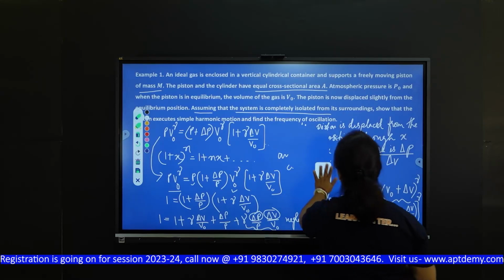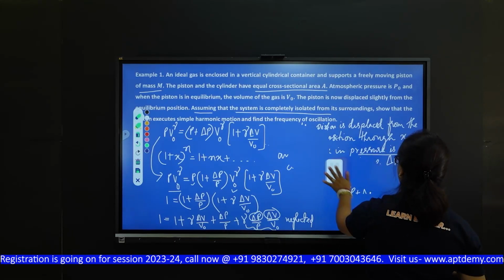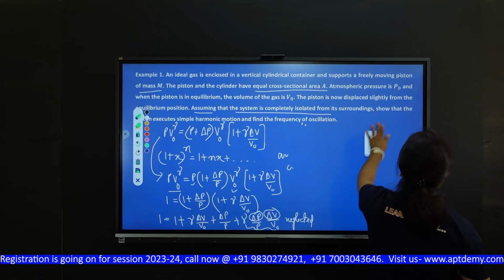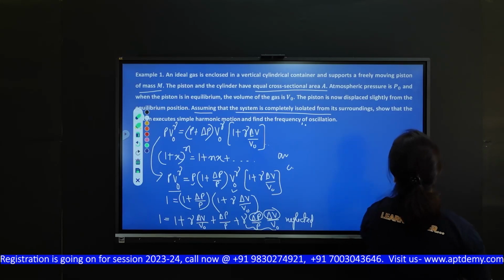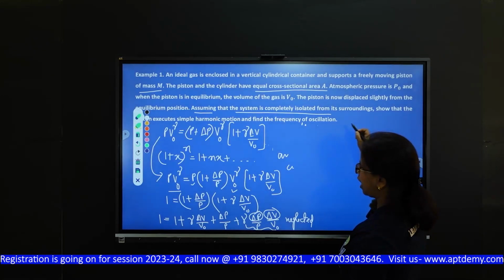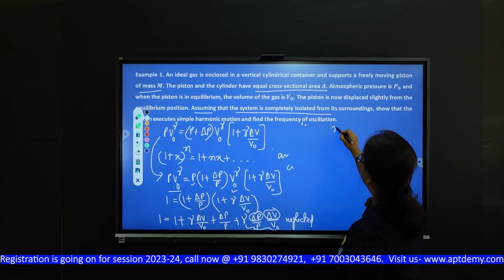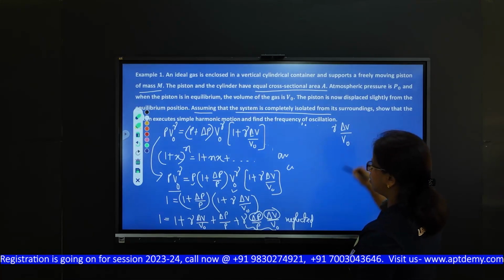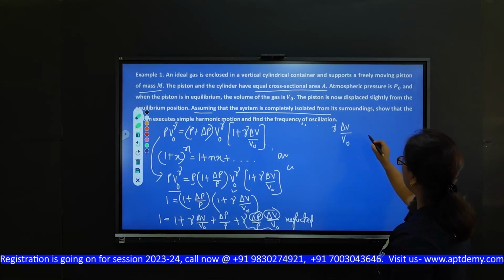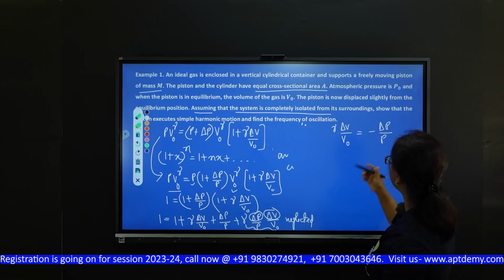So now let's see what's left. We have gamma delta V by V naught equal to minus delta P by P. So let's find out the change in pressure, or the excess pressure in fact.